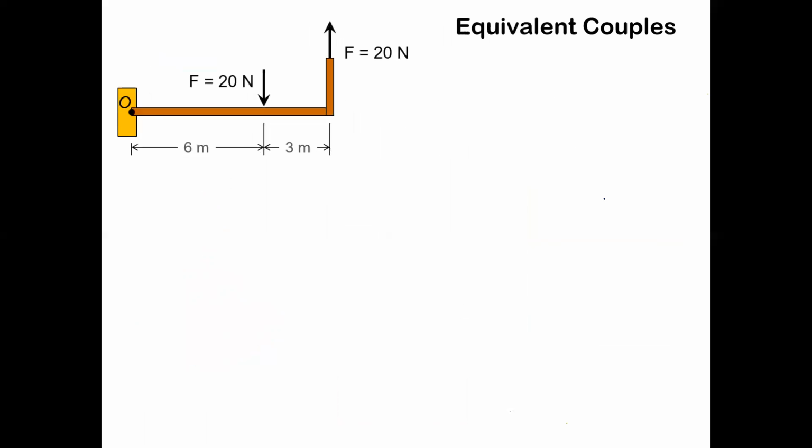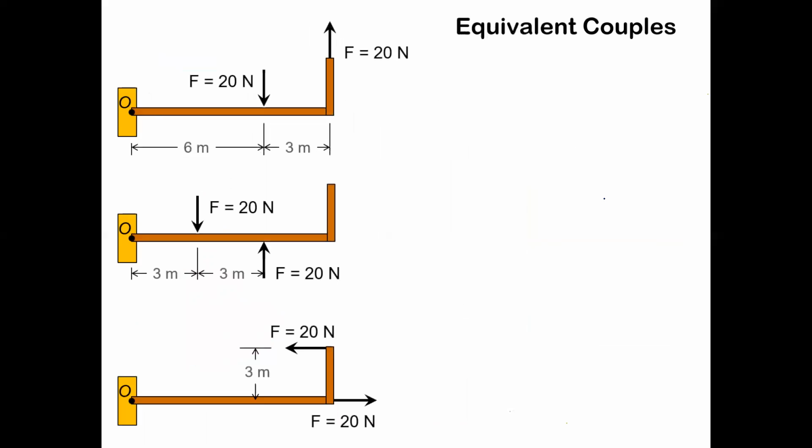And we're going to look at 3 situations here on the next slide where we have 2 20-Newton forces, and in each case they're separated by 3 meters. But they're applied at different points on that body.